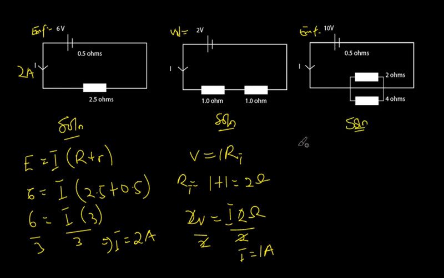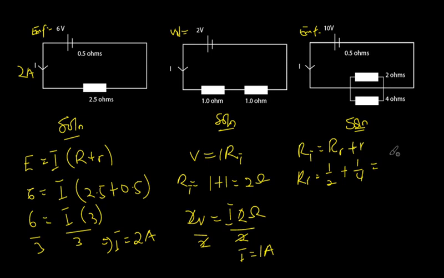We know the total resistance in the cell will be the total resistance of the resistors we have over here plus the internal resistance offered by the cell. These are connected in parallel, so the R over here will be 1 over 2 plus 1 over 4, let me quickly punch that.